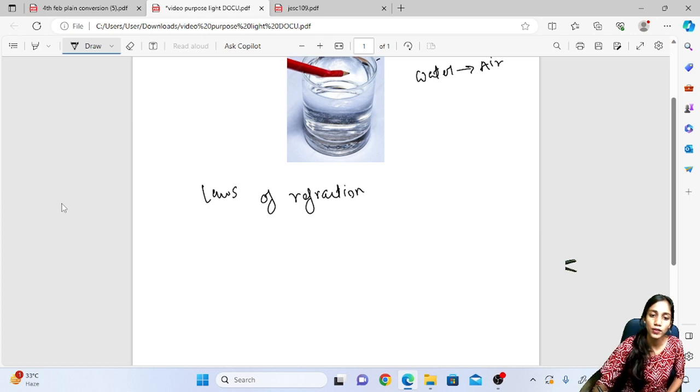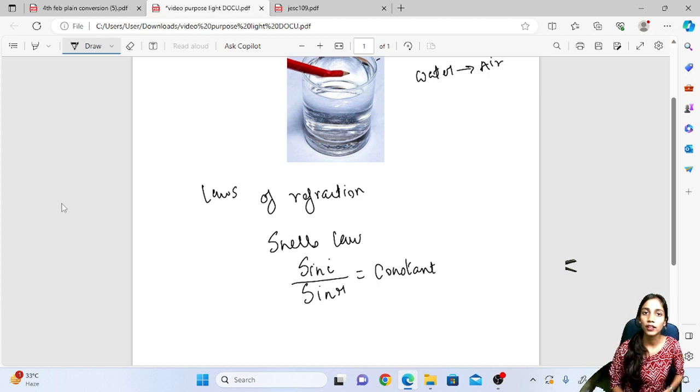The second law is called Snell's law, and it says that the ratio of the sine of the angle of incidence to the sine of the angle of refraction is a constant for a given pair of media and for a given color of light. There can be two media, such as water and air, or water and alcohol.